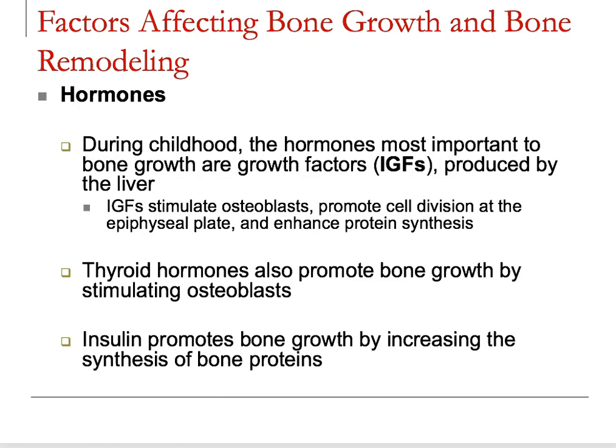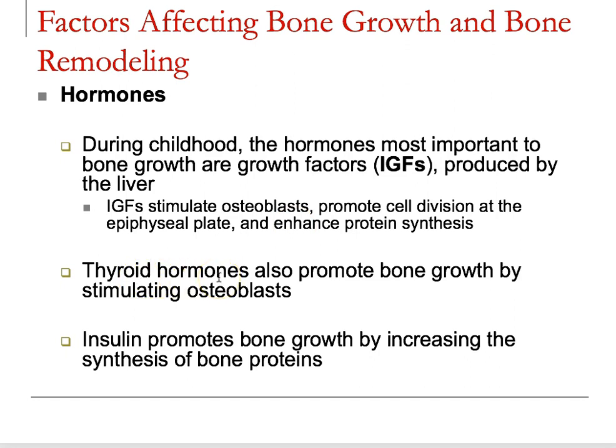Okay, what hormones are required? Well, during childhood, the most important hormones required for bone growth are the insulin-like growth factors, because they stimulate osteoblasts at the epiphyseal plate and enhance protein synthesis. Think collagen formation.